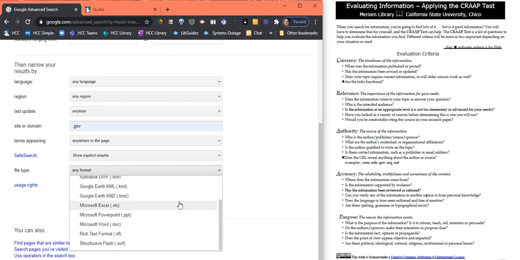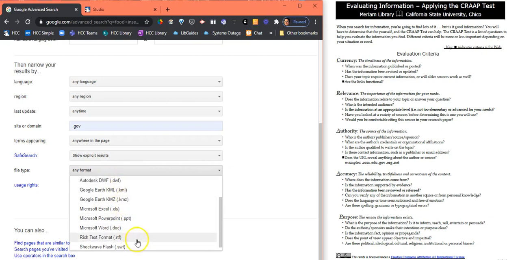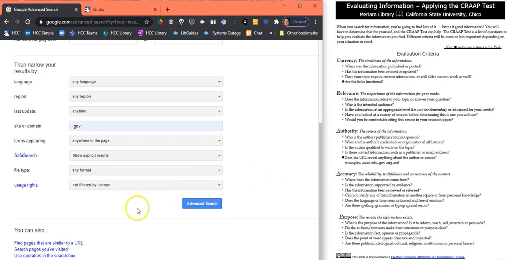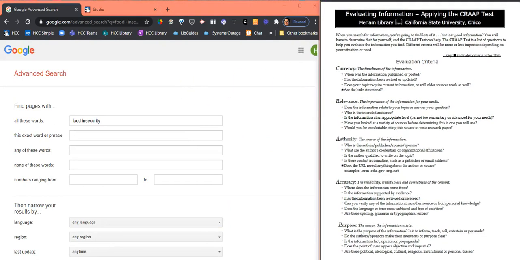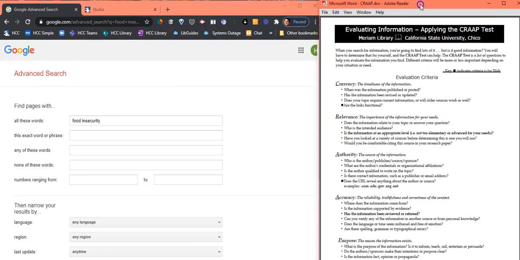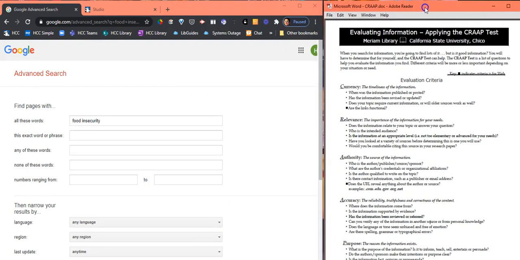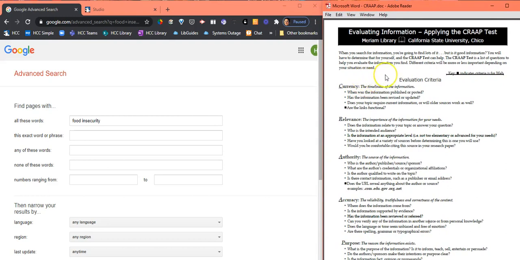If I was just looking for another file type, and then I can do my advanced search as well. So that's one way to narrow down our search results. All right, well, I hope you learned something from this video, taking a little time to look through and evaluate information you find on the internet using the CRAAP test.